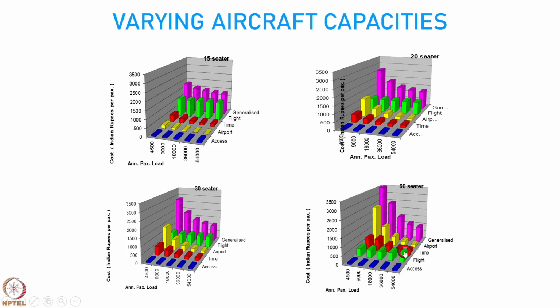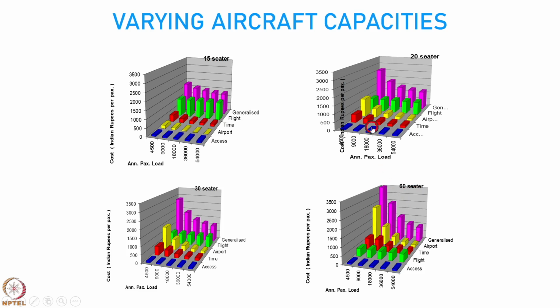The airport costs are the ones that are driving the generalized cost of travel. So, the generalized cost of travel reduces very sharply, much more than what happened in this case, but it is driven mainly by the airport costs, because a larger aircraft is going to require more expenditure on the airport.